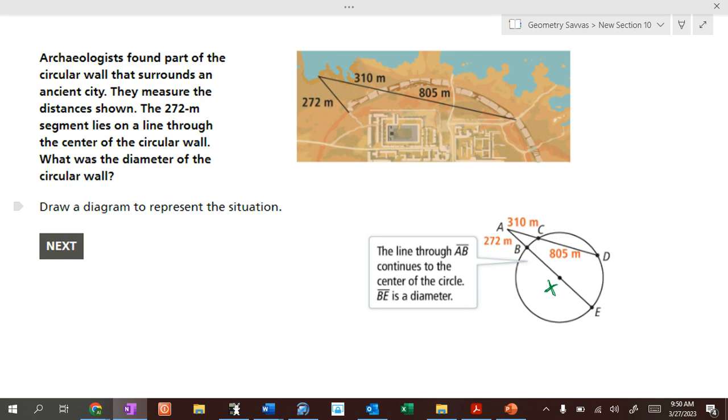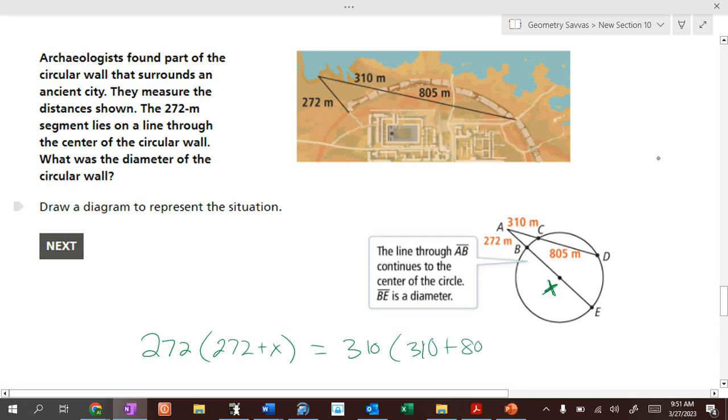The 272-meter segment lies on a line through the center. What's the diameter of the circular wall? So we're looking for the diameter x here. So the outside, 272 times the whole thing, which is 272 plus x, equals the outside, 310 times the whole thing, 310 plus 805.